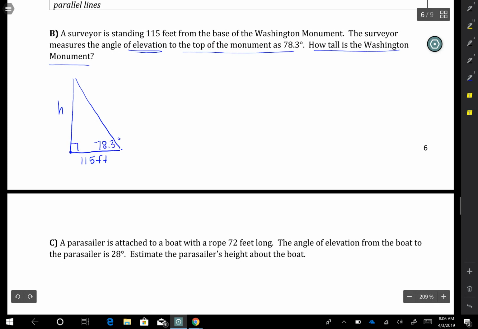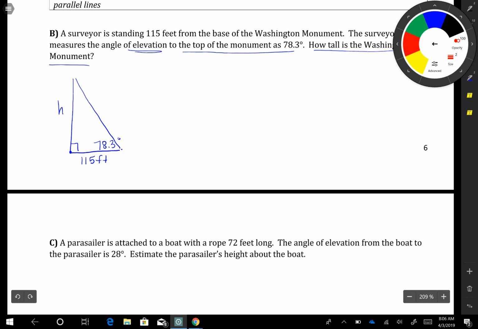All right, now we have a right triangle with enough information to solve for h. From 78.3, our h is opposite of us, and 115 is adjacent. So this is another tangent situation. So we're going to write tangent of 78.3 degrees equals h over 115 feet.